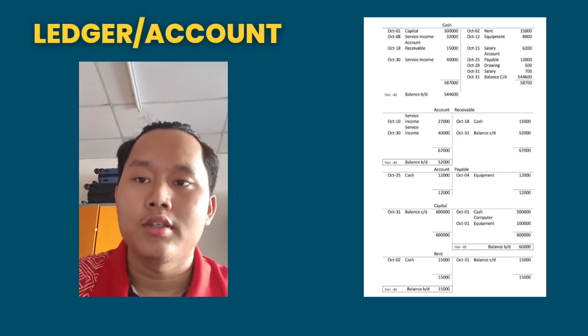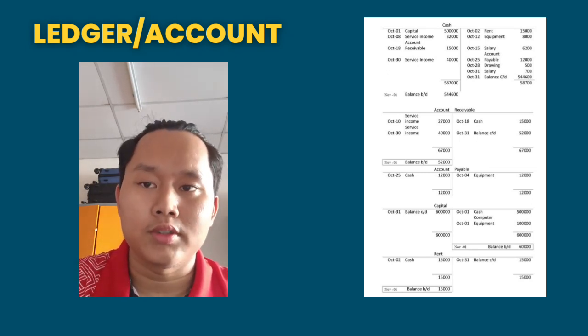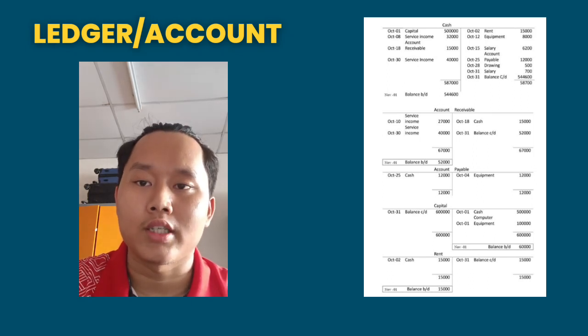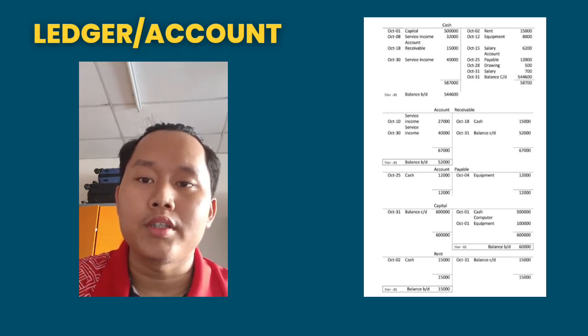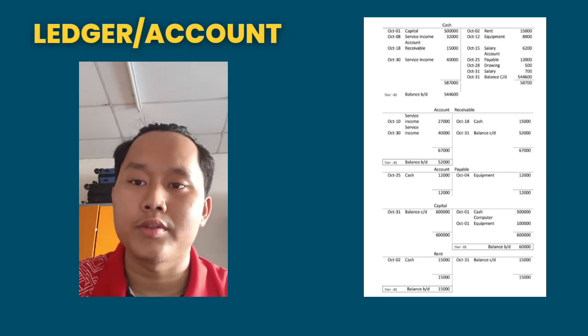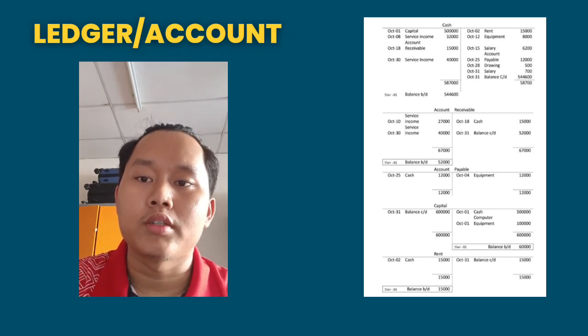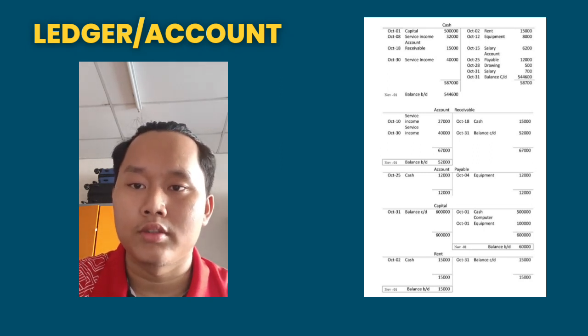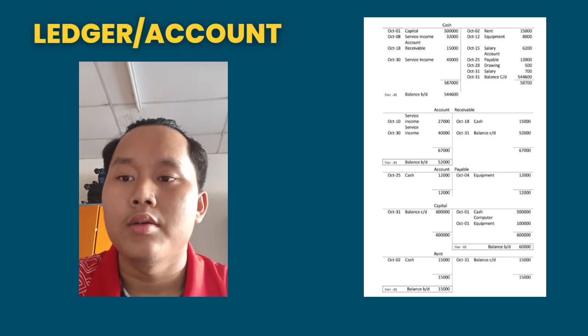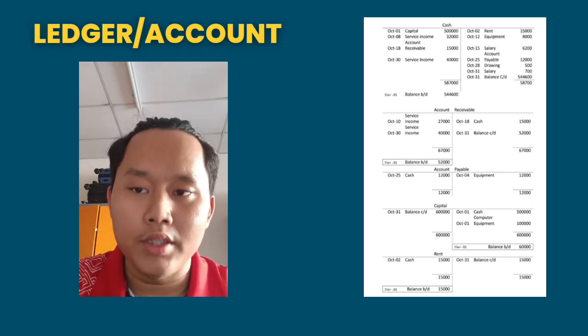For the credit side, October 2 rent 15,000, October 12 equipment 8,000, October 15 salary 6,200, October 25 account payable 12,000, October 28 drawing 500, October 31 salary 700, and the last one is October 31 balance CD 544,600, and the total is 587,000.